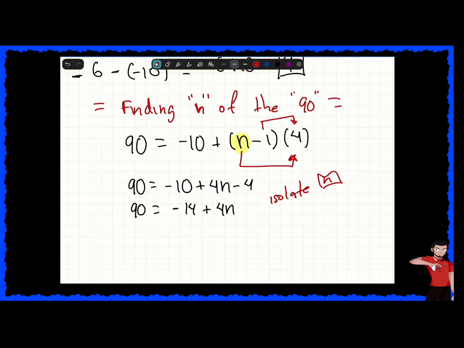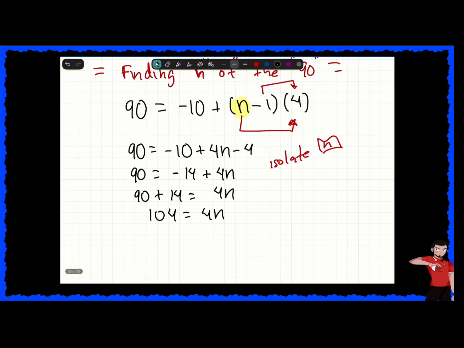So here the goal is to isolate n, because n is the position. So what can we do to perform the opposite operation? This is a subtraction. This is going to be an addition. So we have 90 plus 14 equals 4n. Obviously this is 104 equals 4n. Again, the opposite operation. This 4 is multiplying the n. What is the goal? To isolate n.